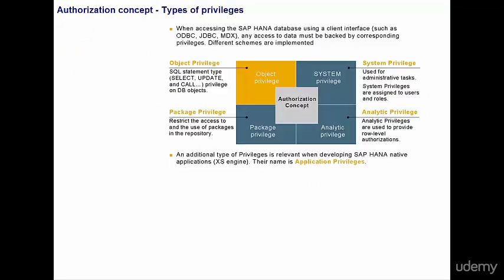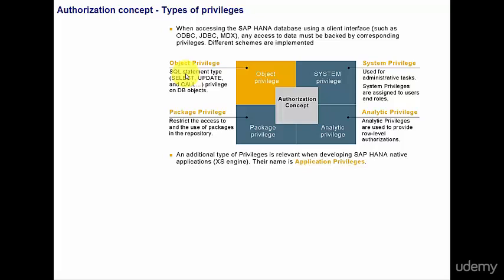Now let's take a look at the different privileges available inside the SAP HANA database. This is basically the authorization model around a specific user. There are different types of privileges: the object privilege, the package privilege, the analytic privilege, and the system privilege. The object privilege is basically giving the user the authority to use a set of objects.